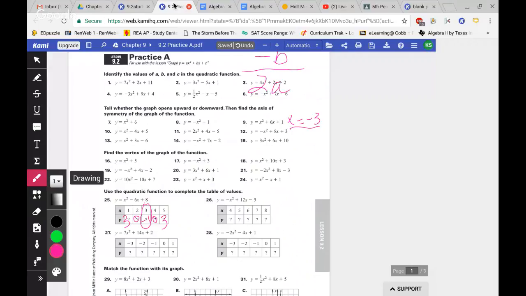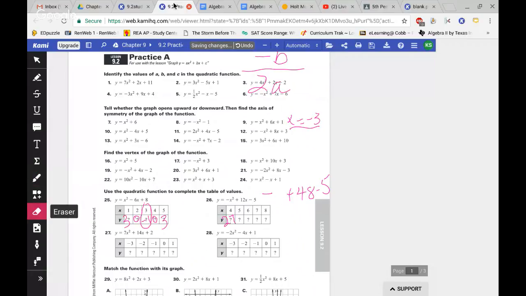And I believe the answer is, let's see, the opposite of 4 squared is negative 16 plus 48 minus 5. That's going to give you a positive 27. So you kind of keep working through those like that. And that's just a matter of doing those.